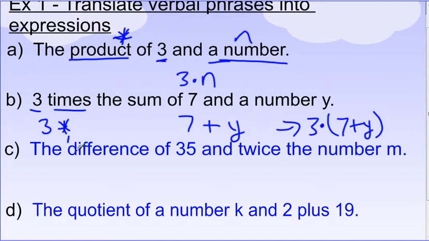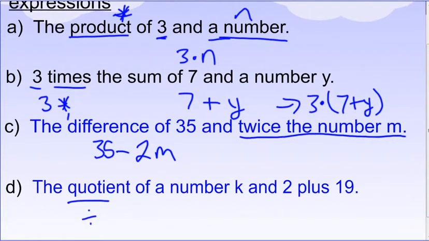Okay, letter C. It says the difference of 35 and twice the number m. So you're finding the difference of something, which is subtraction. So you're subtracting 35 and twice the number m. Now, what the heck does that mean? If you're having twice the number m, that means you're having that thing 2 times, like that. The difference of 35 and twice the number m. 2 m's.